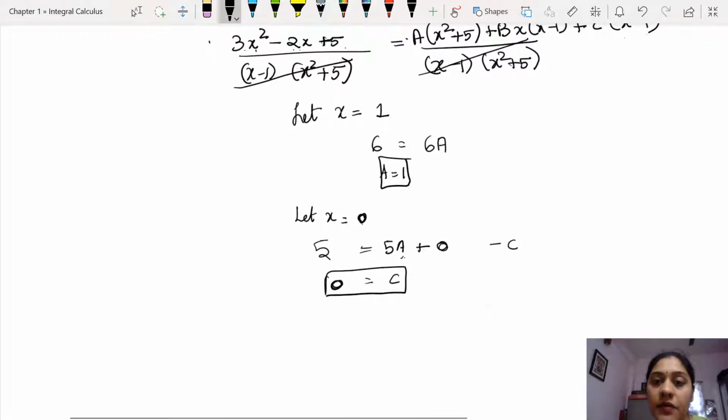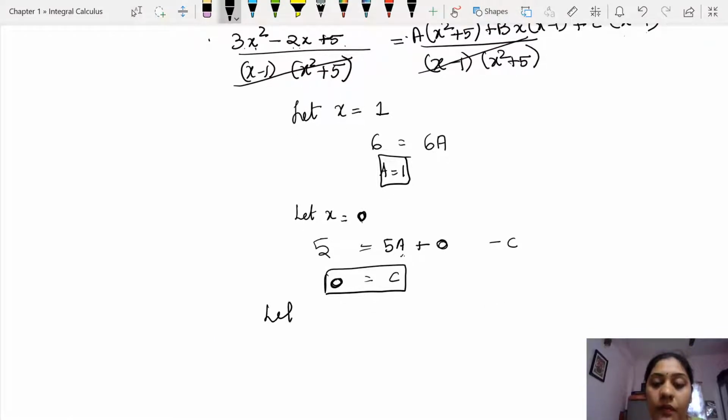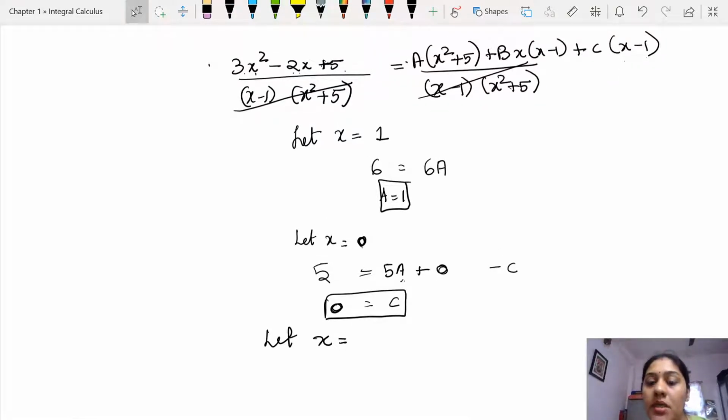Then next, let us find the next value. Let x equal to, we have taken 1, we have taken 0 now. What else can we take? If I take the value 1, again these two terms will get cancelled. Now I need to find the value of b, so we can take the value 2.